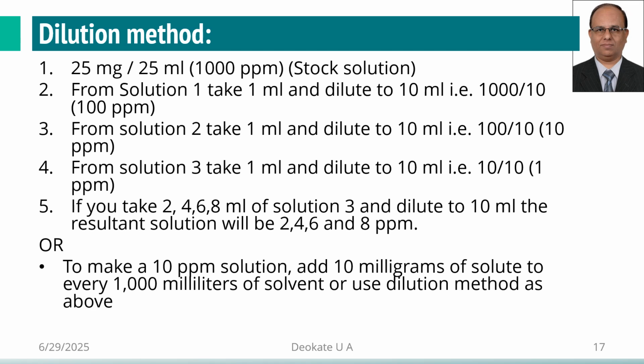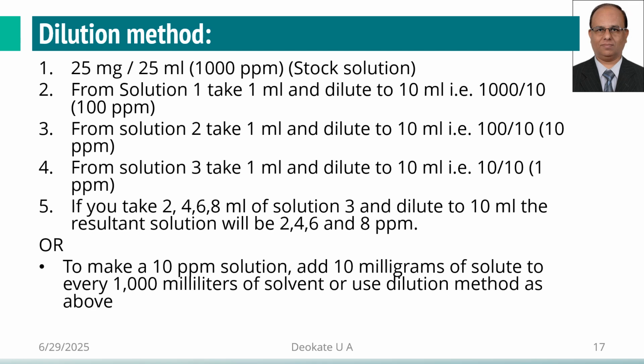So if you are preparing the stock solution, prepare it with the maximum quantity so that it will avoid weighing errors. From stock solution 1, take 1 ml and dilute to 10 ml. So 1000 divided by 10, that will be a 100 ppm solution.